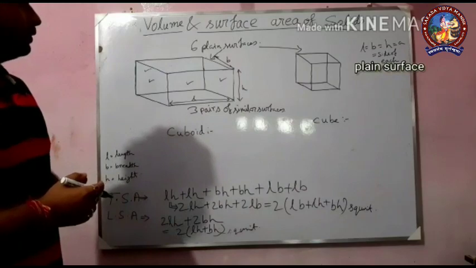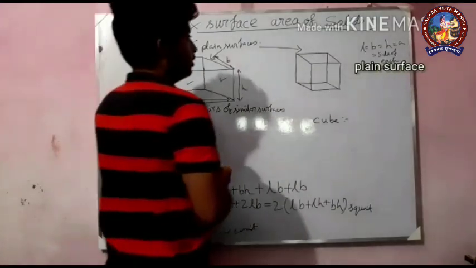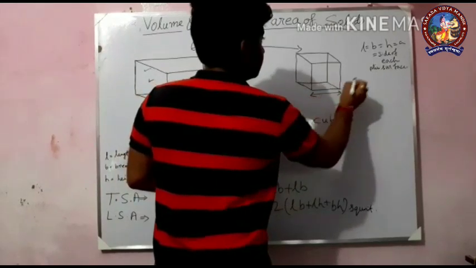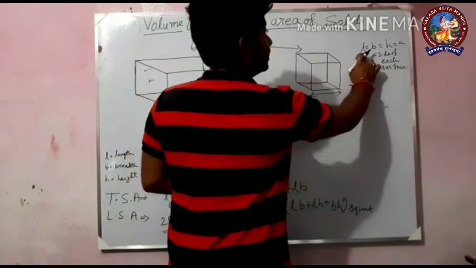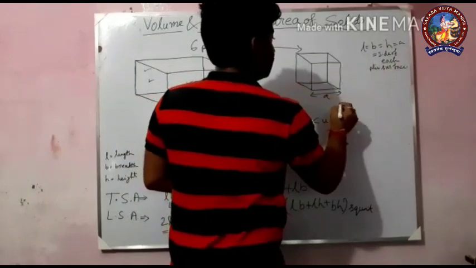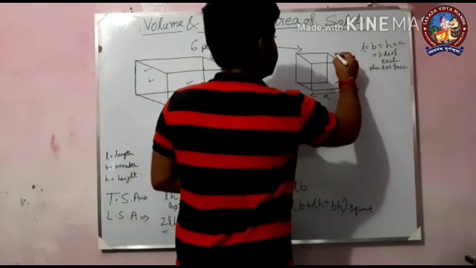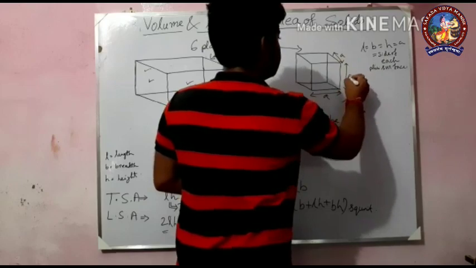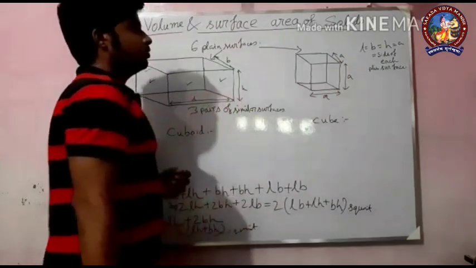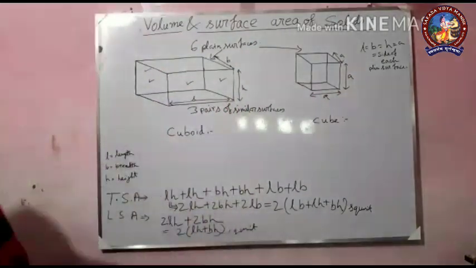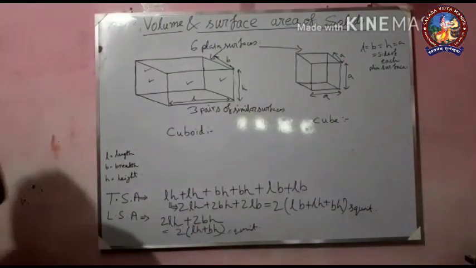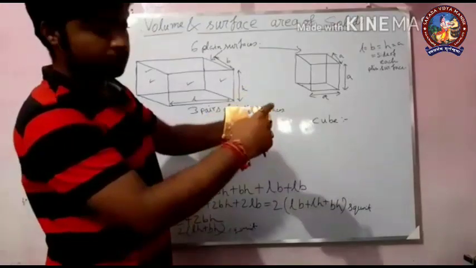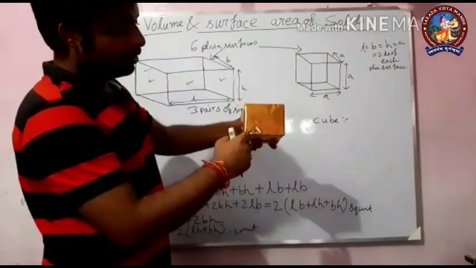Suppose this is the length L, that is equal to A. This is the breadth, that is also equal to A. This is the height, that is also equal to A. Here see, this is a sample of a cube I just showed you some time before.